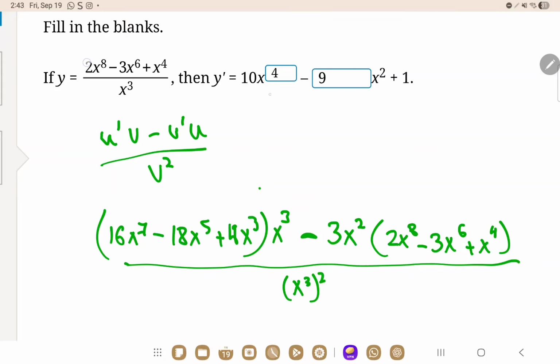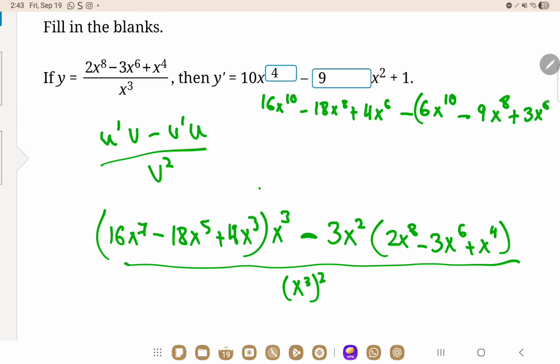Now this can be rewritten as 16x^10 minus 18x^8 plus 4x^6 minus 6x^10 minus 9x^8 plus 3x^6.